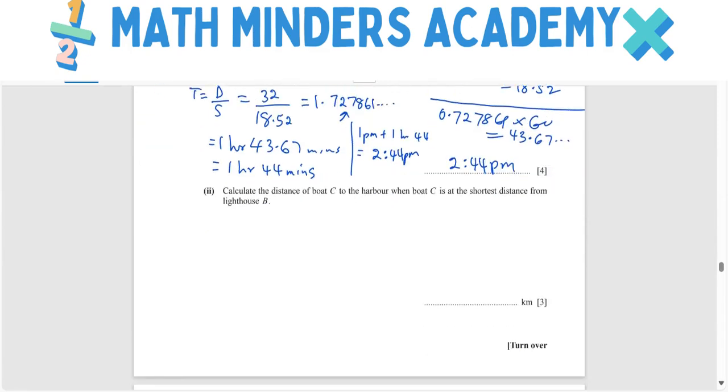Hope this is clear. Now here we are asked to calculate the distance of boat C to the harbor when boat C is at the shortest distance from lighthouse B. Again, calculate the distance of boat C to the harbor when boat C is at the shortest distance from lighthouse B. Let's go back to that diagram.